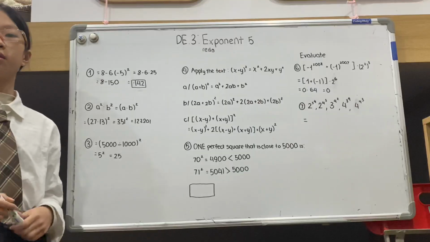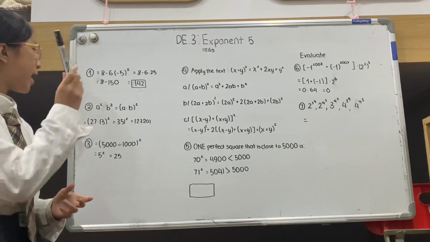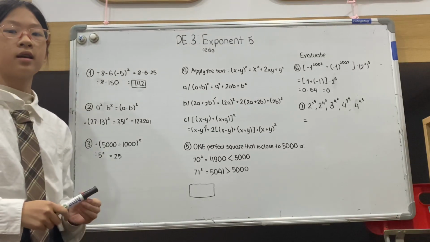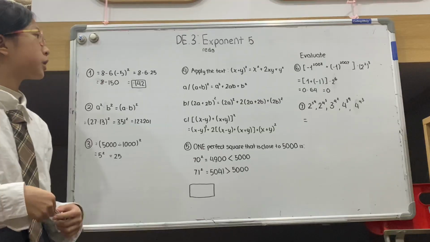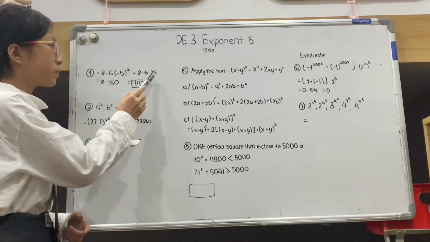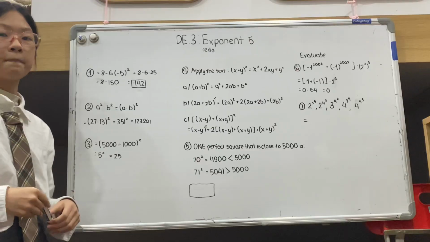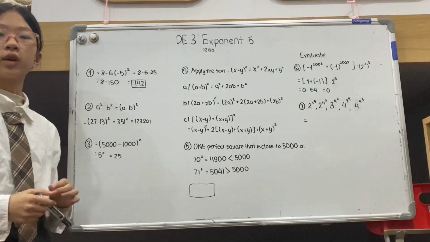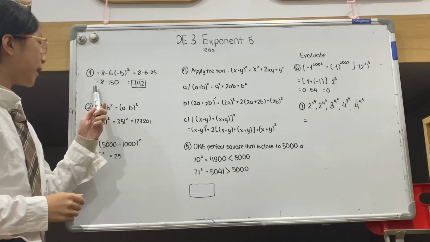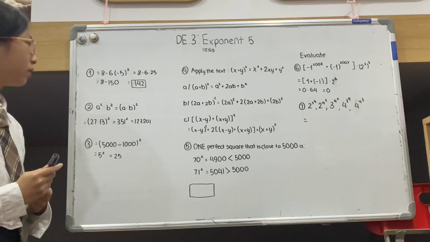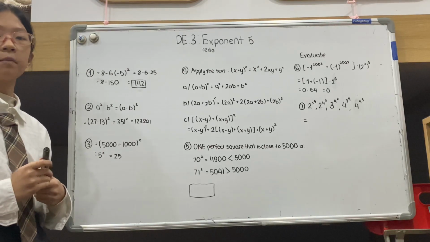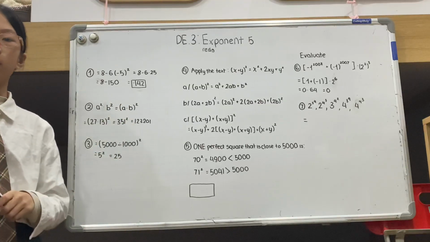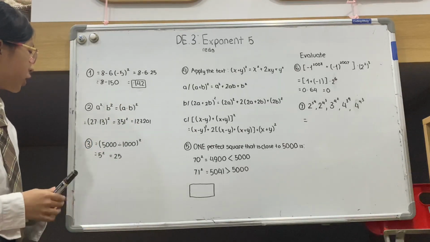In the third step, I have 8 minus 150 because in exponent math we need to times first before we minus. 6 times 25 equals 150. And 8 is smaller than 150, so we will have a negative number, which is negative 142. To the next question.